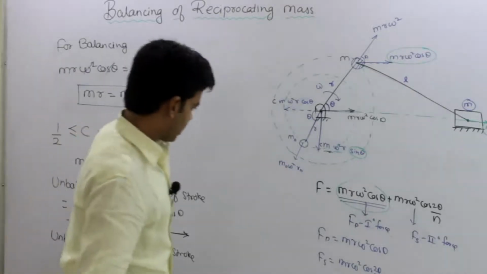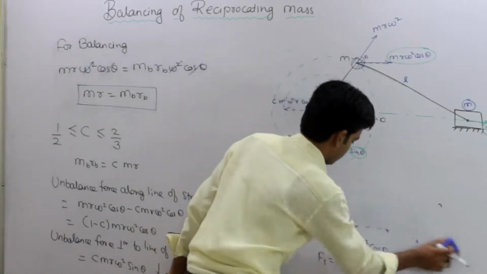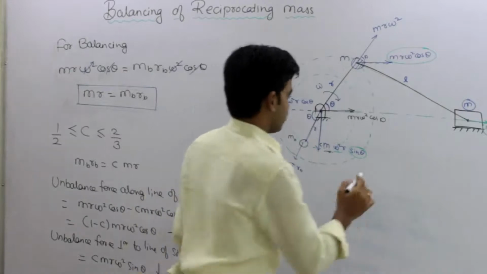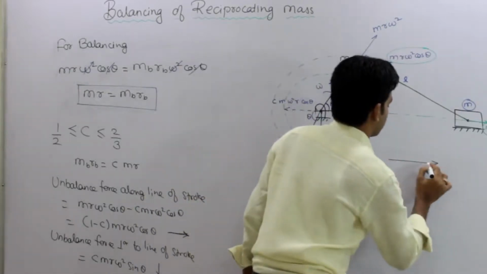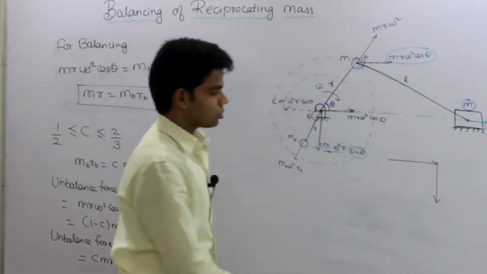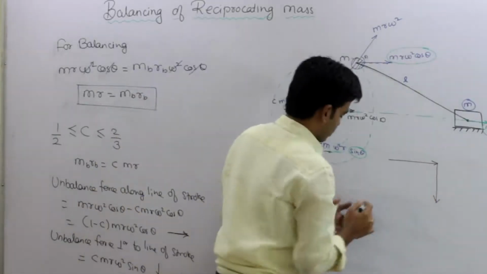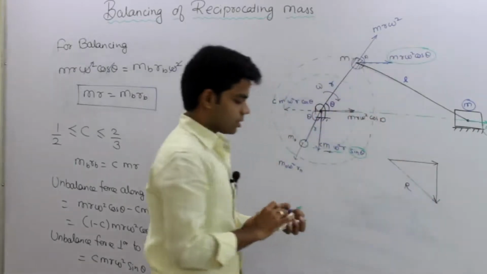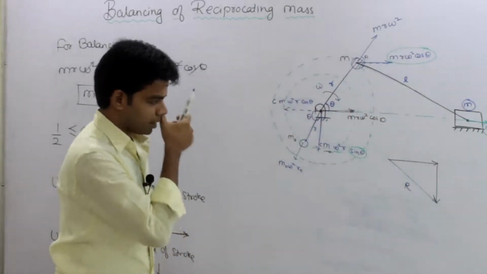Okay, so we can get the resultant of these two forces. So we have the unbalanced force along the line of stroke like this, and the unbalanced force perpendicular to the line of stroke like this. So the resultant will be in this direction, and we can calculate this resultant by Pythagoras theorem or by triangle law.